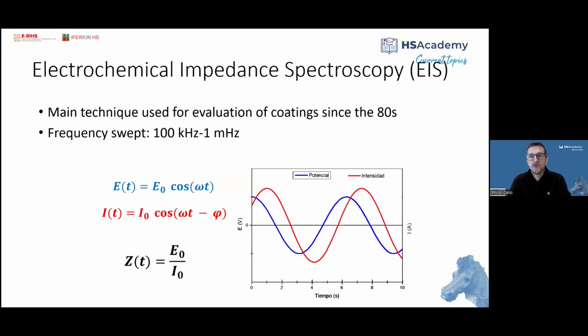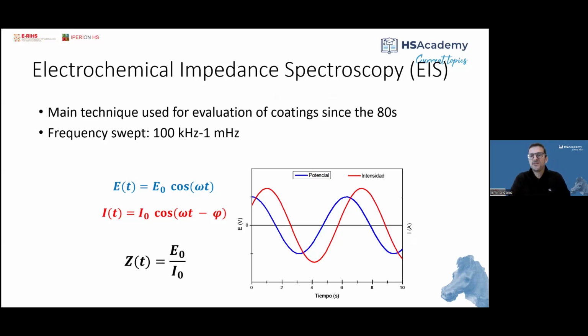It is not, let's say, a real spectroscopy, because we are not using electromagnetic radiation. But since we are doing a frequency sweep in a wide range, we usually call it a spectrum.